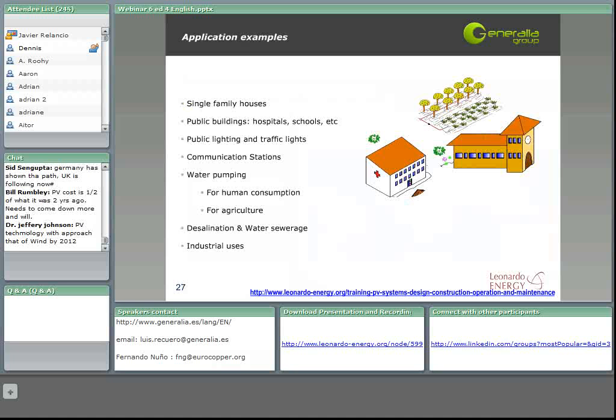Application examples could be single-family houses, but it can also go up to public buildings such as hospitals or schools, public lighting and traffic lights. A lot of cities and countries are introducing and are setting up their public lights with this kind of systems.